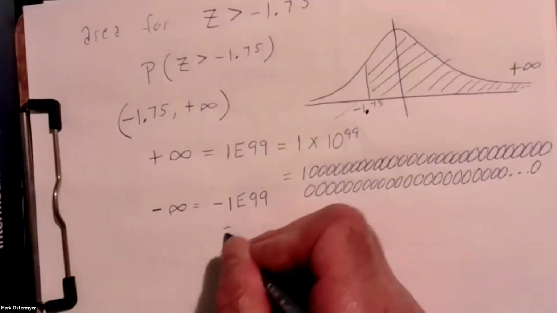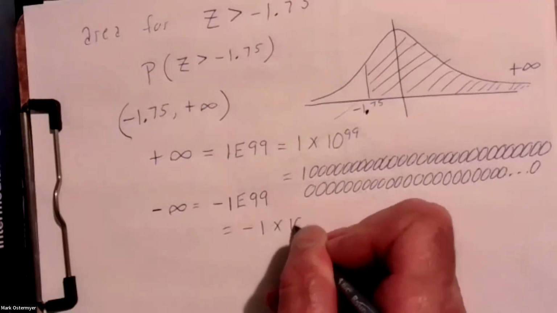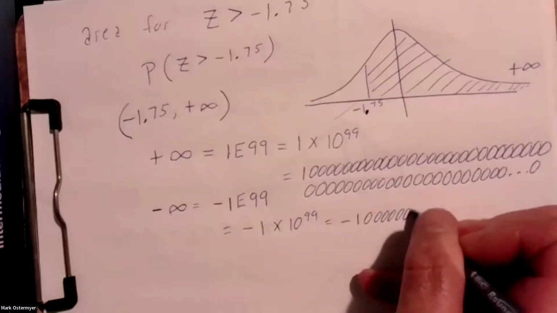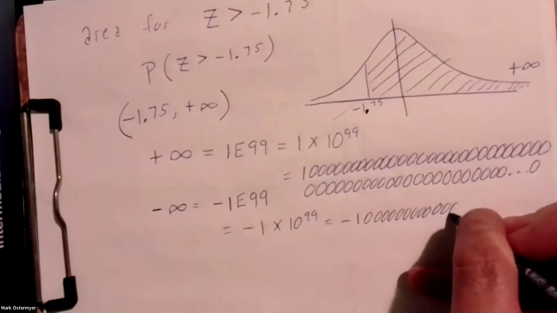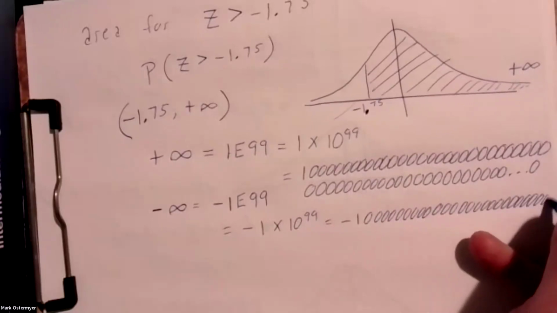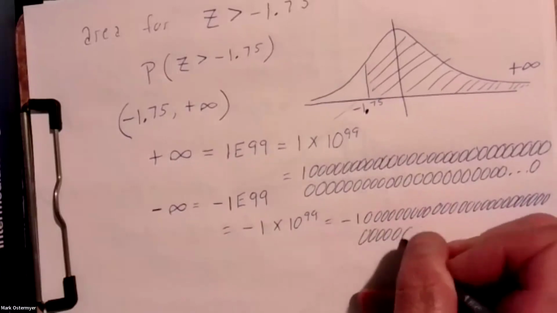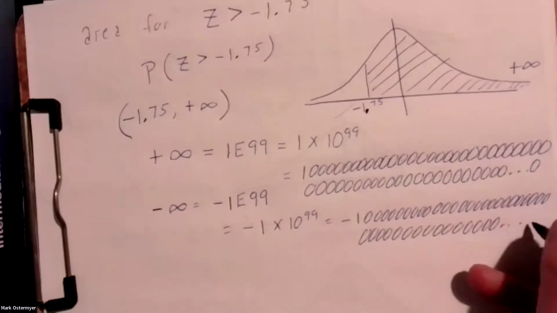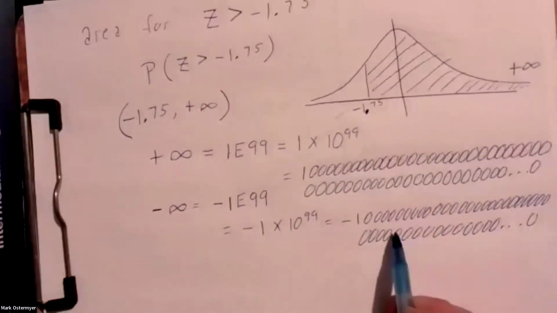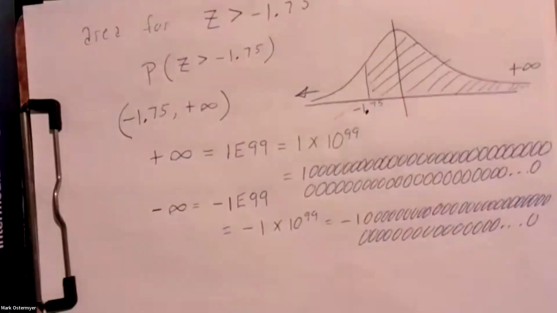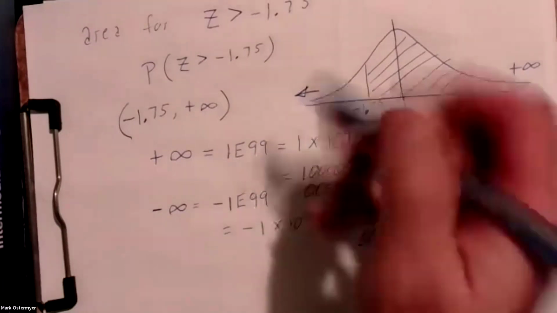Because this would be equal to negative 1 times 10 to the 99th power, which is negative 1 followed by 99 zeros, dot, dot, dot, all the way up to 99. That's an extremely small number. That's extremely far to the left on the z-axis. We call that, for all intents and purposes, negative infinity.